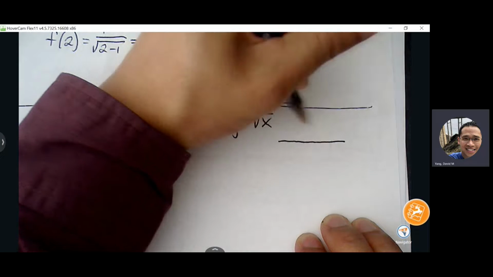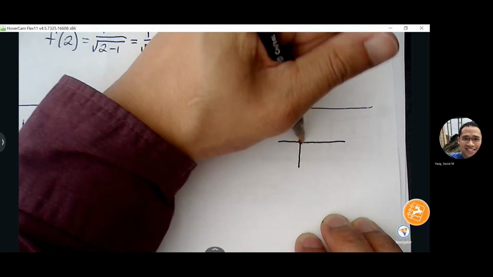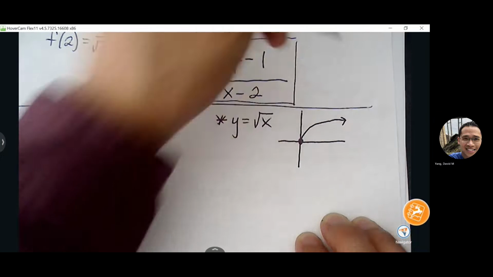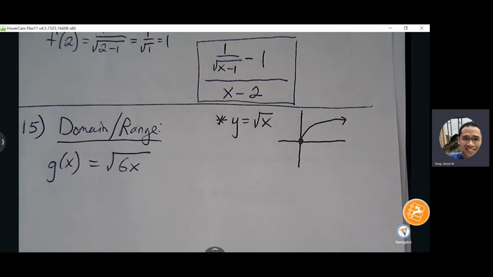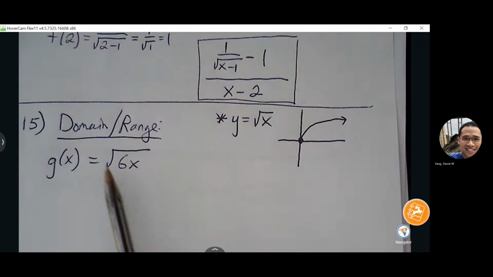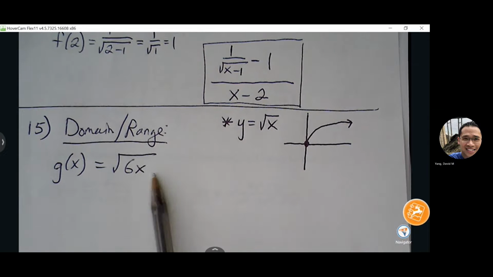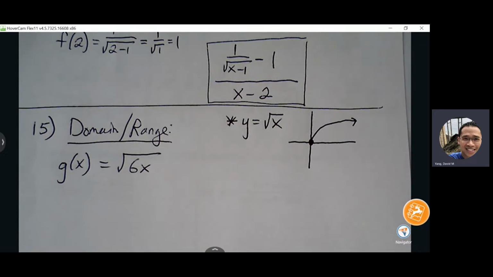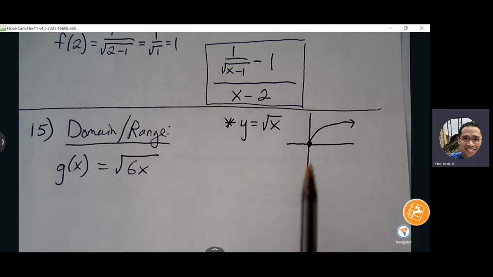So I want to show you what square root of x looks like. It starts at 0, 0, and then it rises and curves to the right. Root 6x, if you think about transformations, the 6 is going to change the shape of the graph a little bit, but it's still going to remain the same shape.